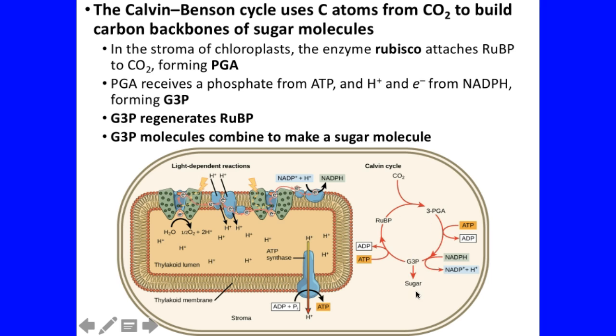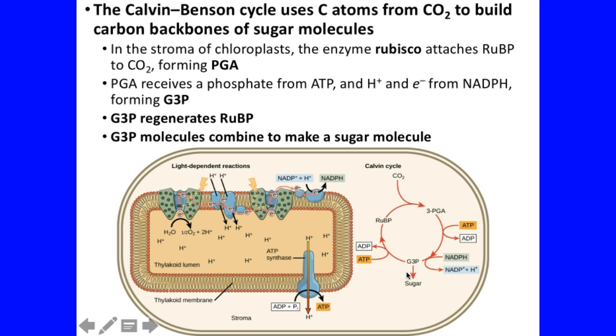one glucose molecule. So once again, carbon dioxide comes in. We also need ATP and NADPH, which we can see right here as reactants as well. As it's going through the cycle, it's breaking these down, and it creates a G3P molecule, which is just a 3-carbon molecule, which is why it has to go around twice to produce one 6-carbon molecule of glucose.